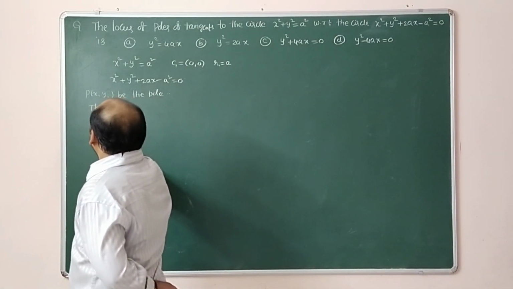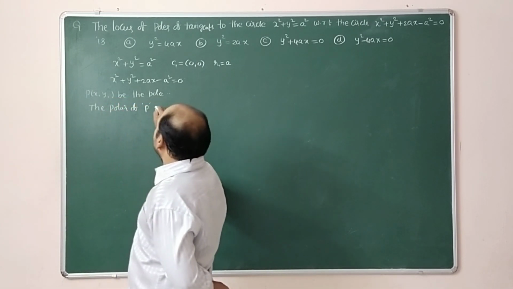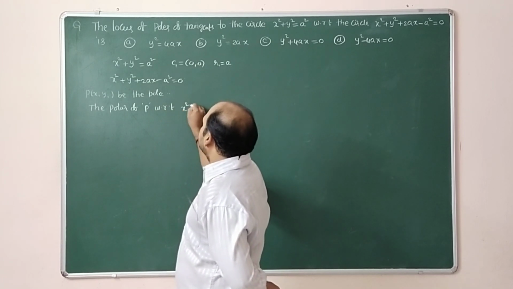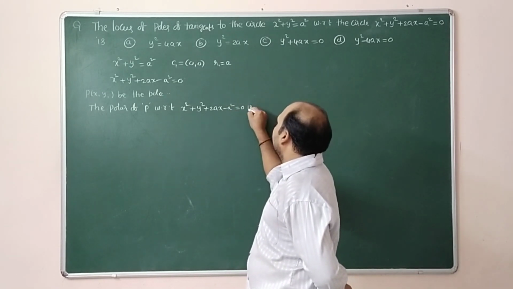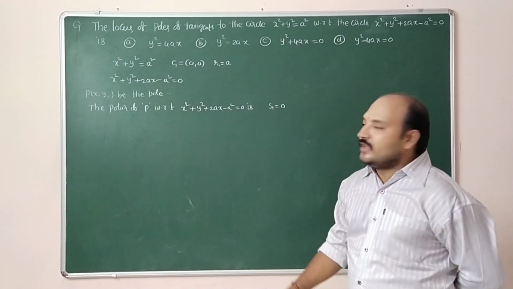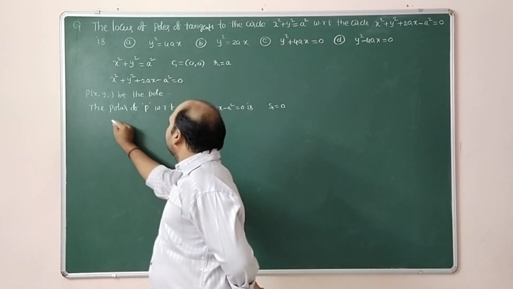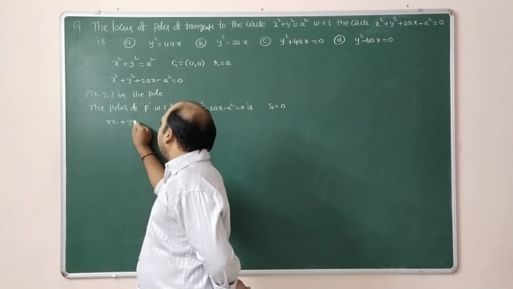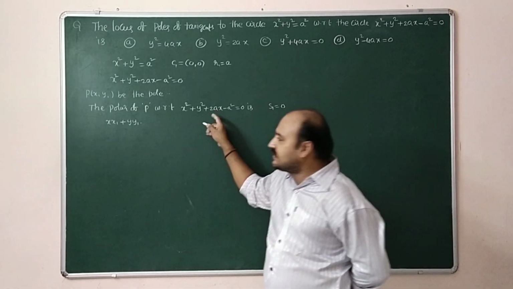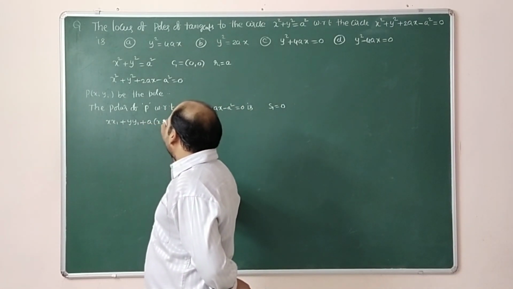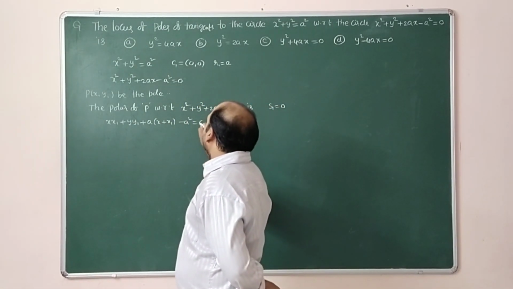The polar of P with respect to the circle x² + y² + 2ax − a² = 0 is S1 = 0. Corresponding to this circle equation you have to write it: xx1 + yy1. For 2gx, that is g into (x + x1), and in place of g we have a, so a into (x + x1). The y coordinate term is not there, and the constant is −a² = 0.